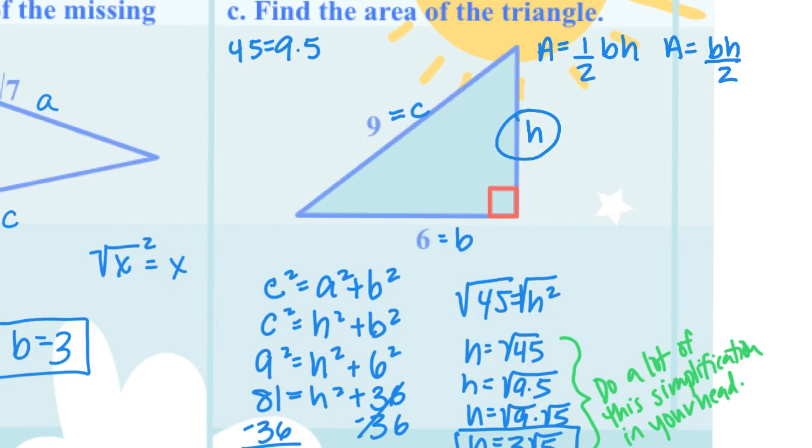So now when I write the height of this triangle, this becomes 3 square root of 5. Now, our problem was asking us to find the area of the triangle. It wasn't asking us to find the height. But we had to find the height in order to find the area.